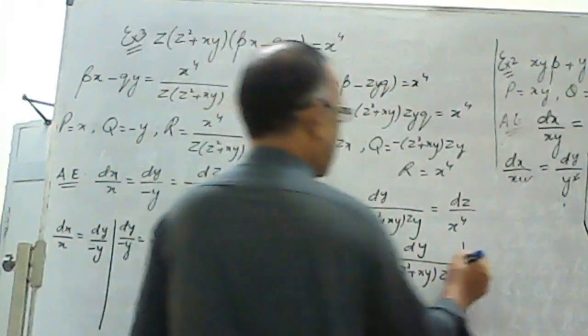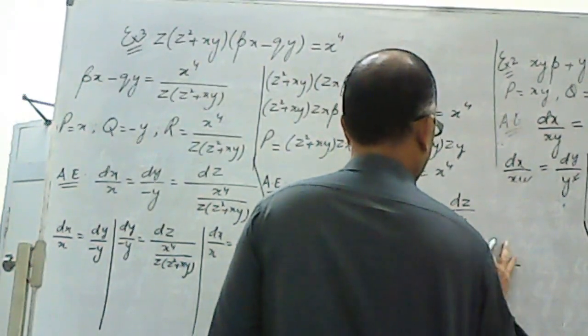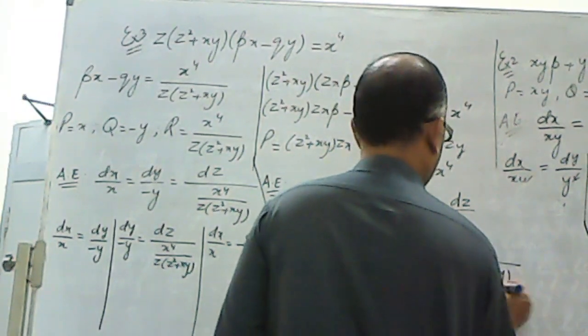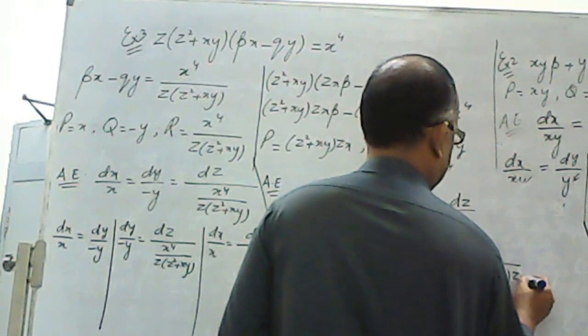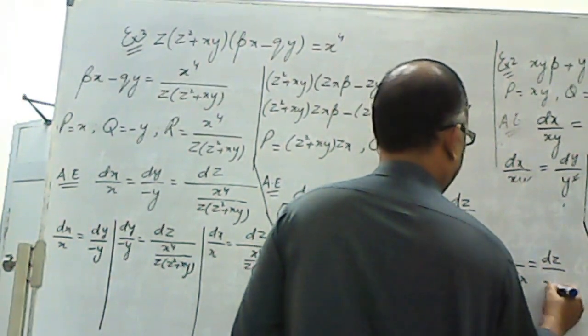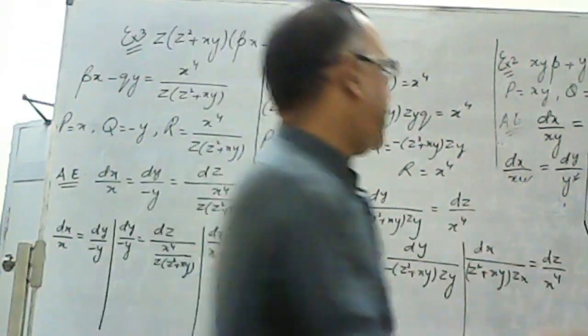Then pair number 2 will be dx over z square plus xy zx equal to dz over x power 4.